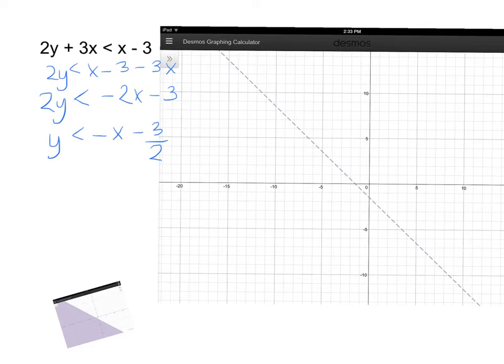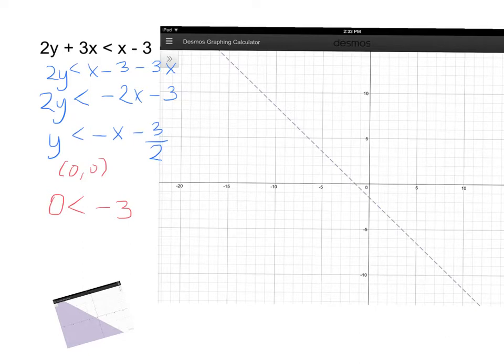I like to test in the original inequality unless it's a ton more work. To test 0, 0: 2 times 0 plus 3 times 0, so that's 0. And then 0 minus 3, so -3. 0 is less than -3. Is that true or false?